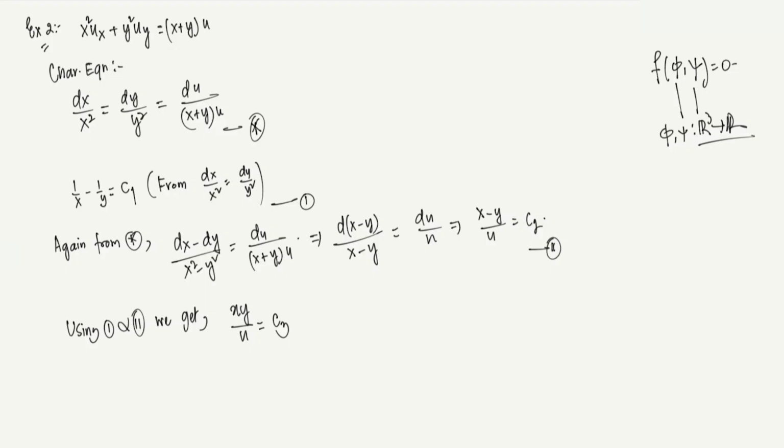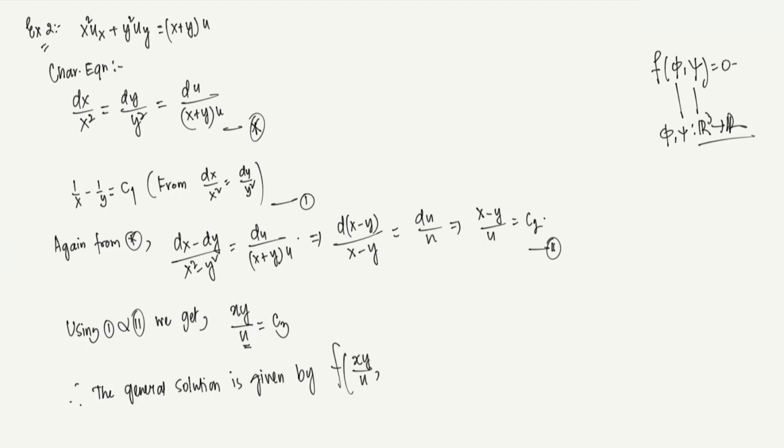Therefore, the general solution is given by small f of phi and psi. What is phi and psi? If I assume phi to be this one, then phi is constant along the characteristics, so it is xy by u.